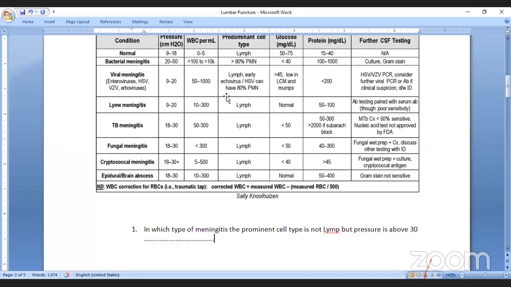First let us see in which the pressure is above 30. Above 30 is in cryptococcal and in bacterial. The prominent cell type is lymph in cryptococcal, but I am saying not lymph, so the answer is bacterial.